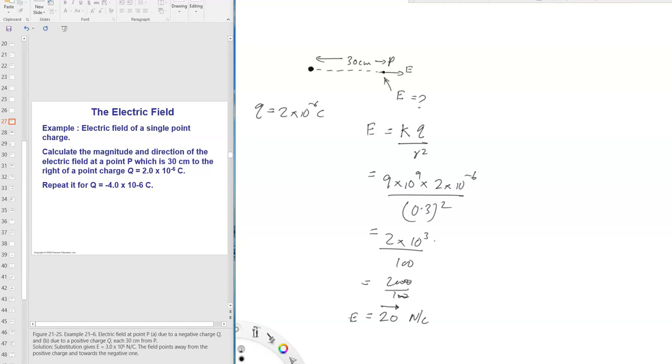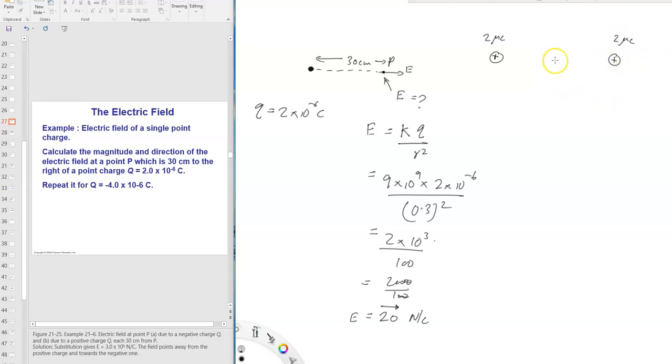Another example problem we can think about: what if we have 2 charges? Let's say here's a positive charge and here's another positive charge, separated by some distance. Let's say they are equal. This is 2 microcoulomb, this is also 2 microcoulomb.